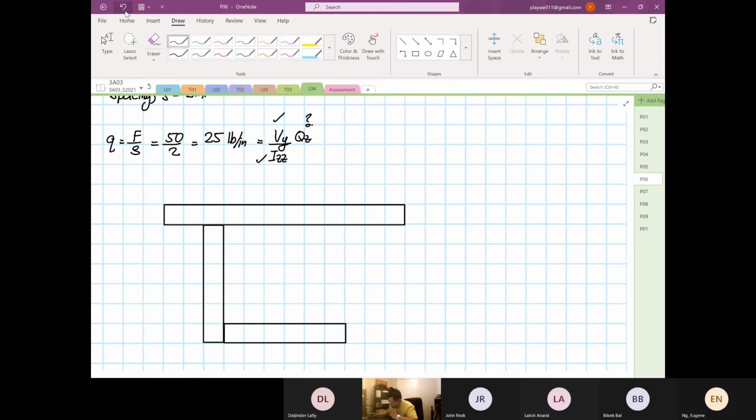Right? Okay. And then the centroid is 3.1 from the top. Okay, so this is our centroid.